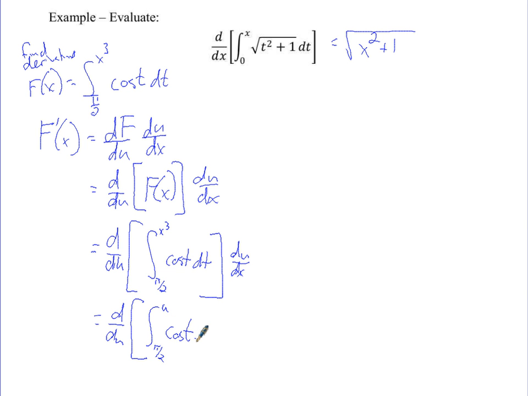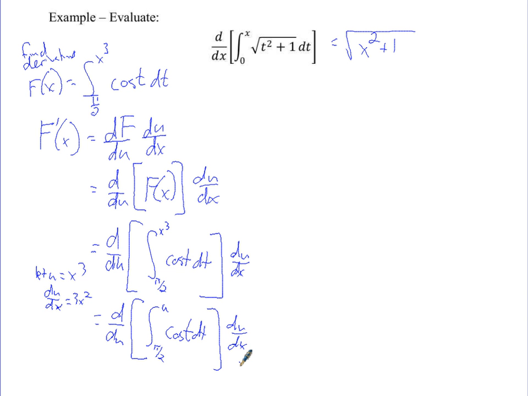Now that I've called this u, I know what du over dx is. What did I let u equal? Let u equal x cubed. So that means that du over dx equals what? 3x squared.